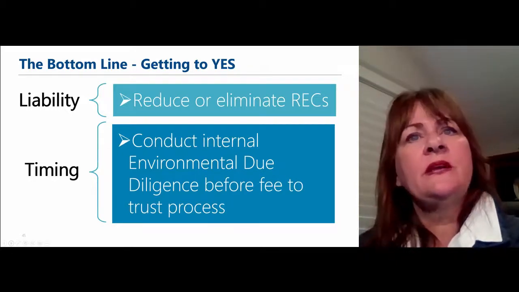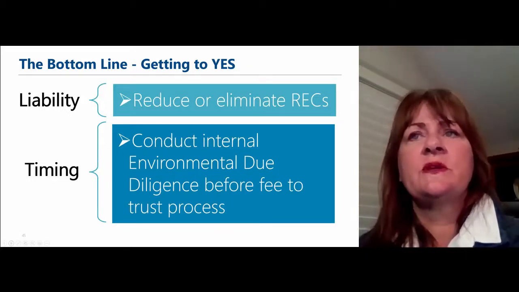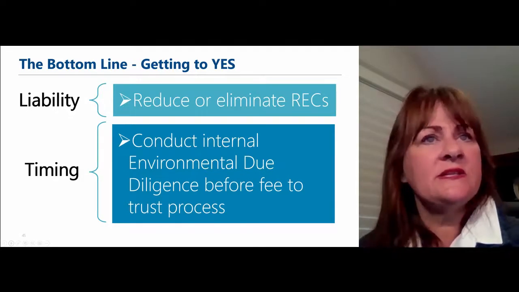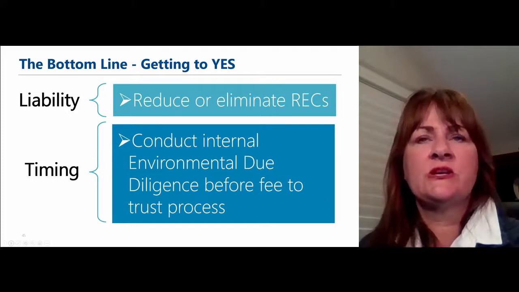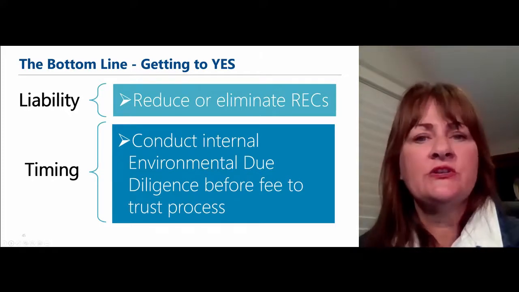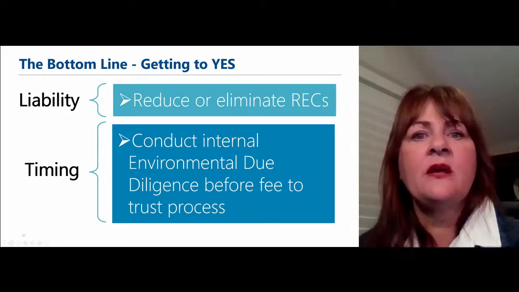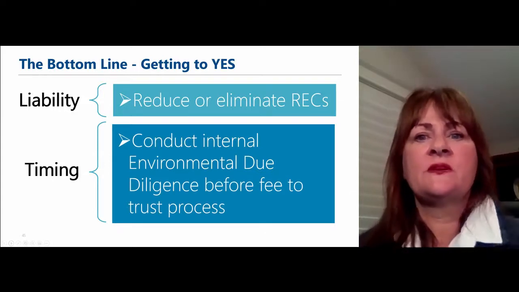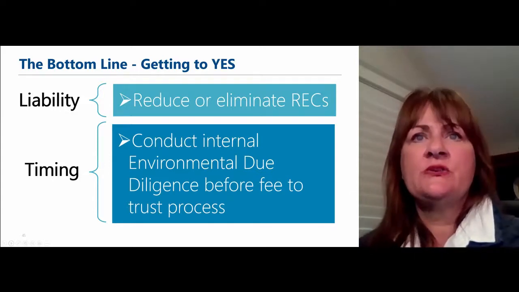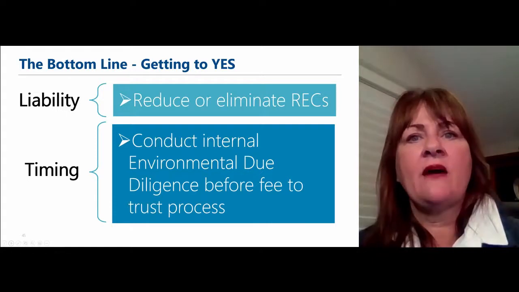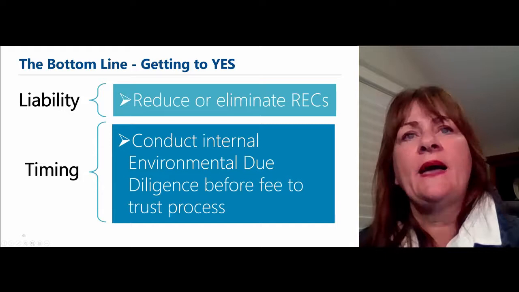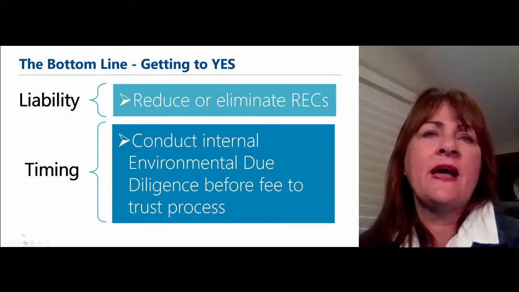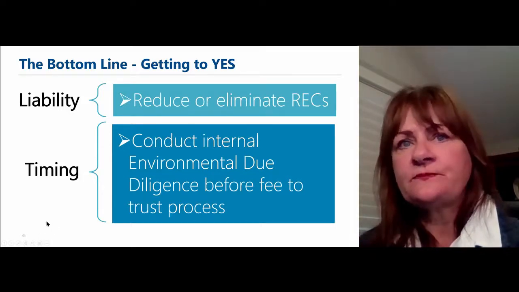So the goal is to reduce or eliminate and recognize environmental conditions before the property goes into the trust application. And again, we talked about how you can do that. You can identify them first, remove those contamination issues if you can. Then you can have the environmental professional perform a Phase 1 and get the results of that into the application.